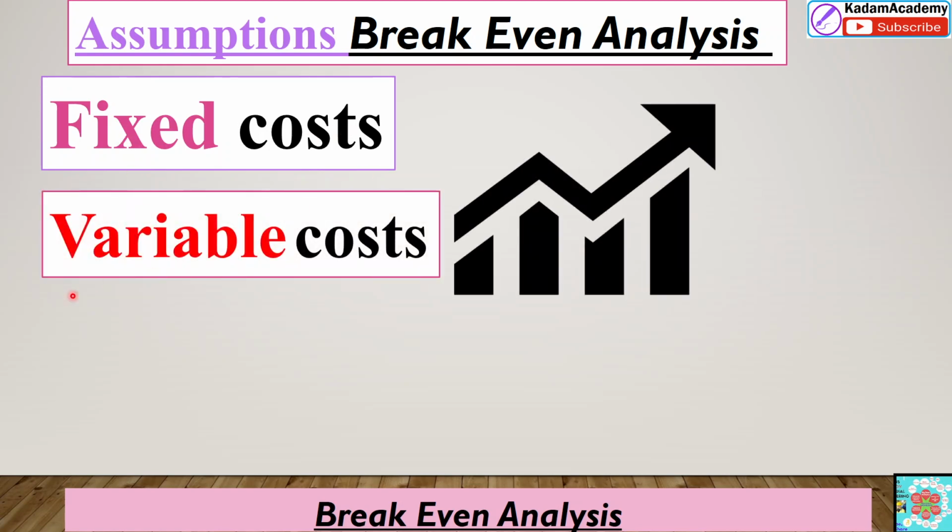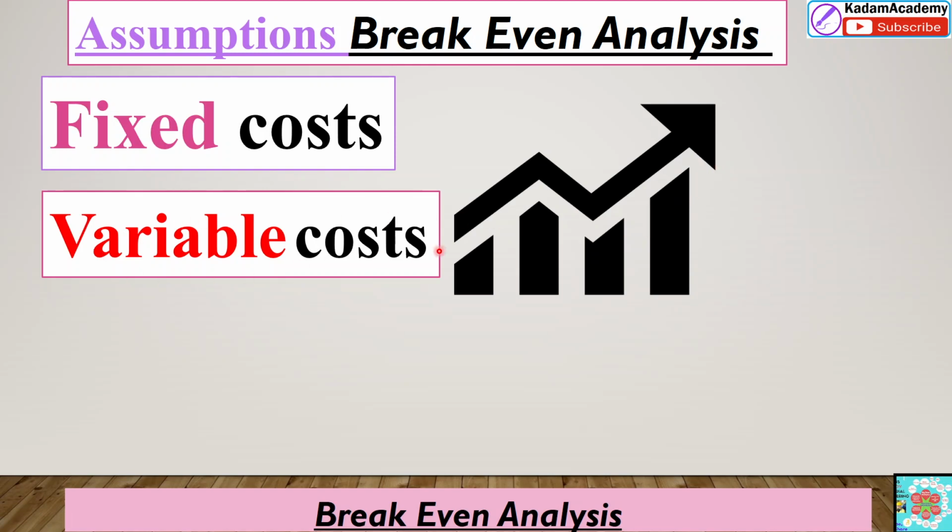What are the fixed costs? You have to separate them. These fixed costs remain constant at a specified level of activity. Fixed costs are always fixed, whatever the volume of production may vary from 0 to maximum production, there is no change.